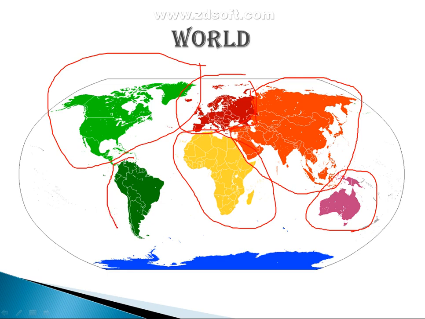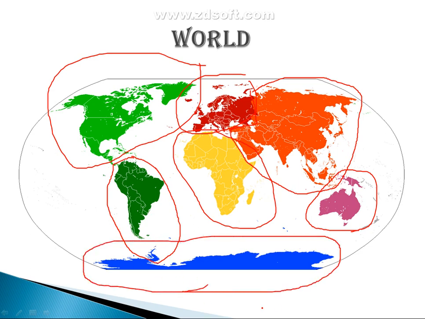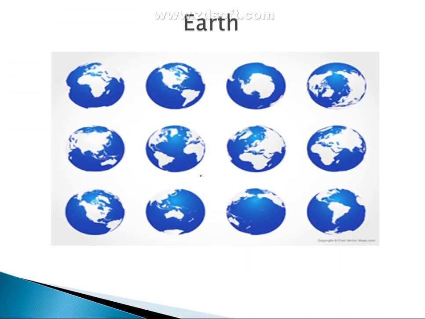The dark green one over here is South America. And the one which made the face down there, which is blue, is actually Antarctica. We call it Antarctica. So let's go to the next page.